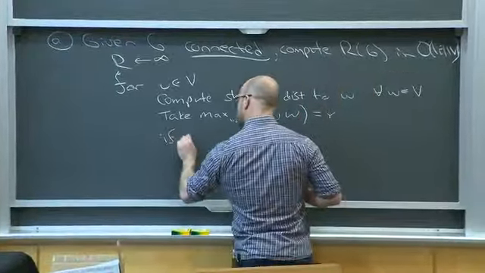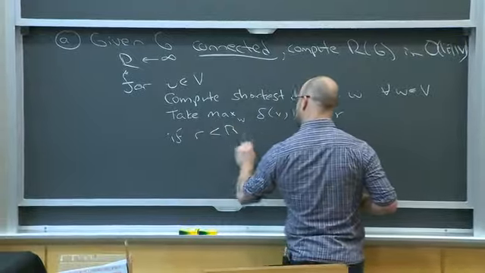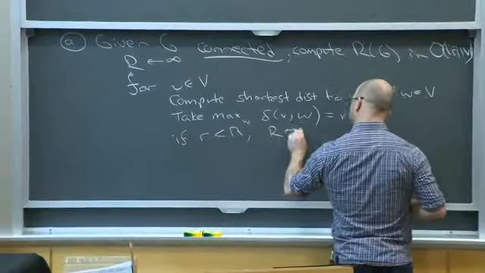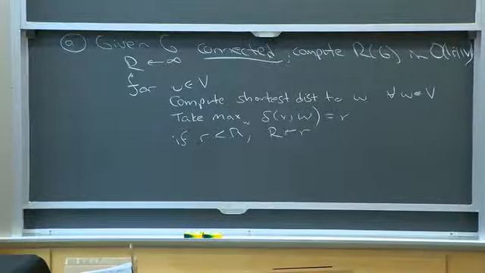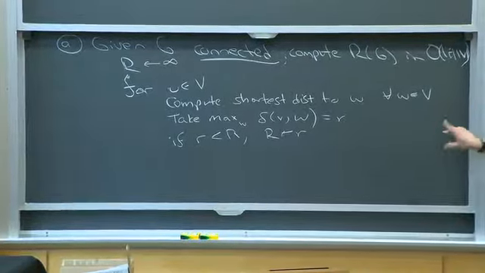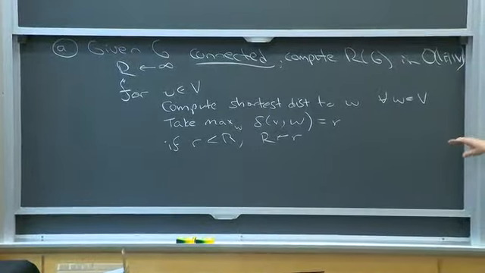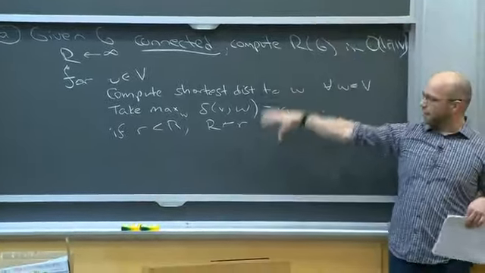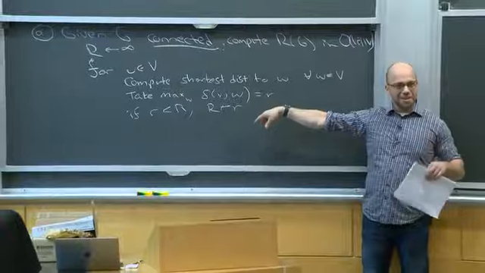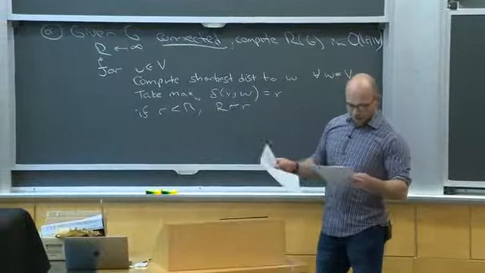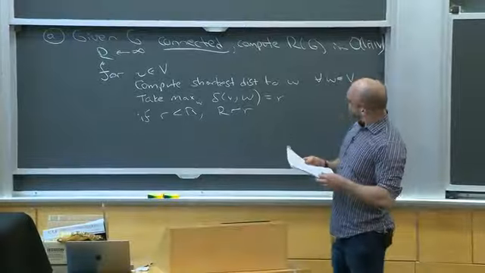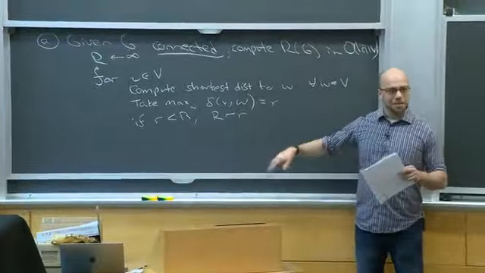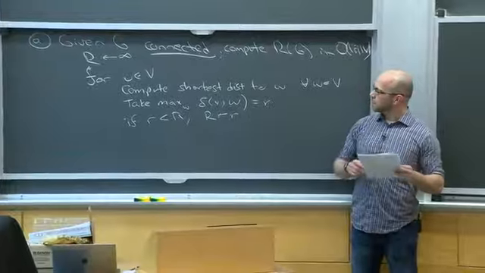If little r is less than big R, then just keep it around. If we think about it, I don't think it's terribly hard to prove that this algorithm is correct, because it's just taking our definition of what the radius of a graph is and translating it into a brain-dead algorithm. So I think really the challenge here is proving the runtime of this particular algorithm.